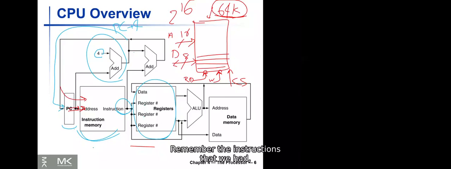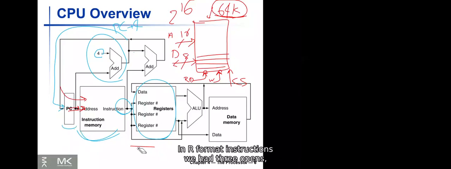Remember the instructions that we had? For example, in an R format instruction, we had 3 operands, RS, RT, and RD. They are all from the register file.